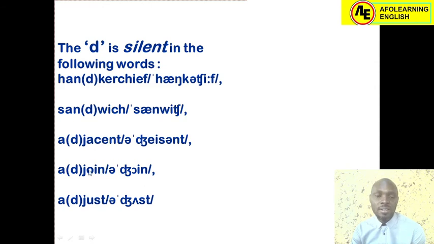Adjacent. Adjoin, and adjust. Now you discover that most of the words I give here come with a DJ. So in all the words that come with the DJ, the letter D is always silent.